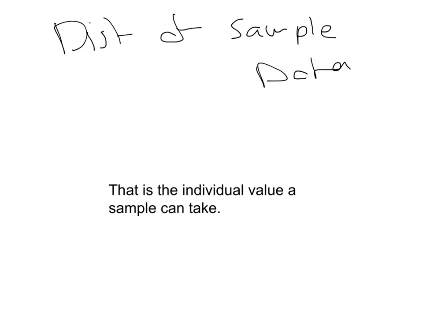A sampling distribution represents all the averages between 1 and 6, while a distribution of sample data is just the one average a sample represents.